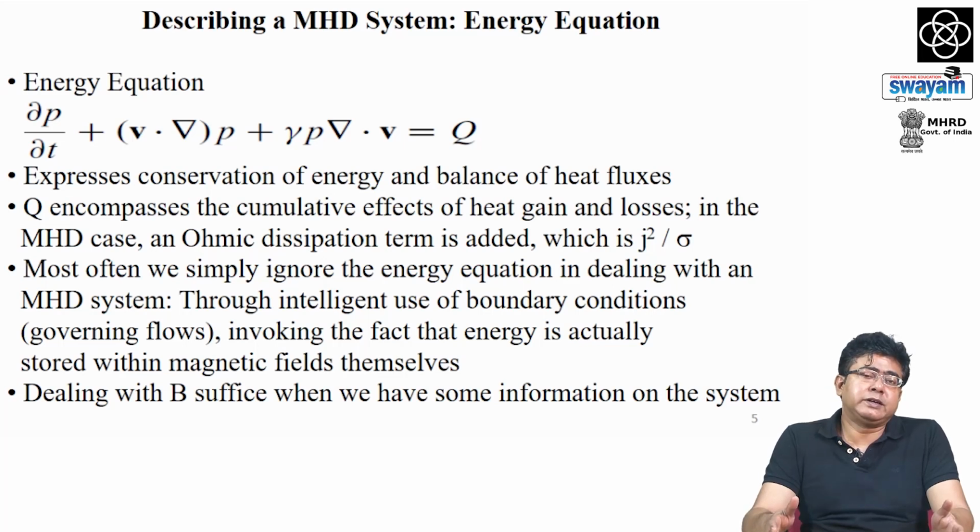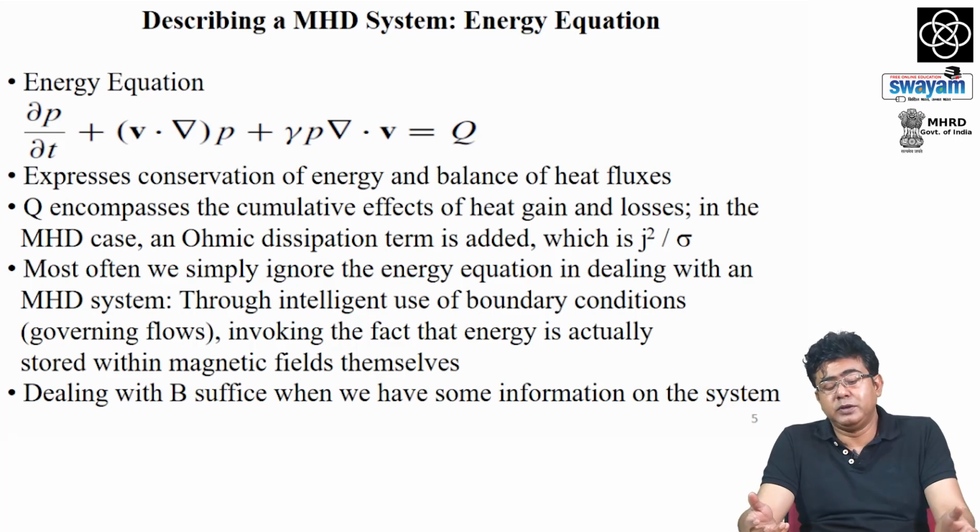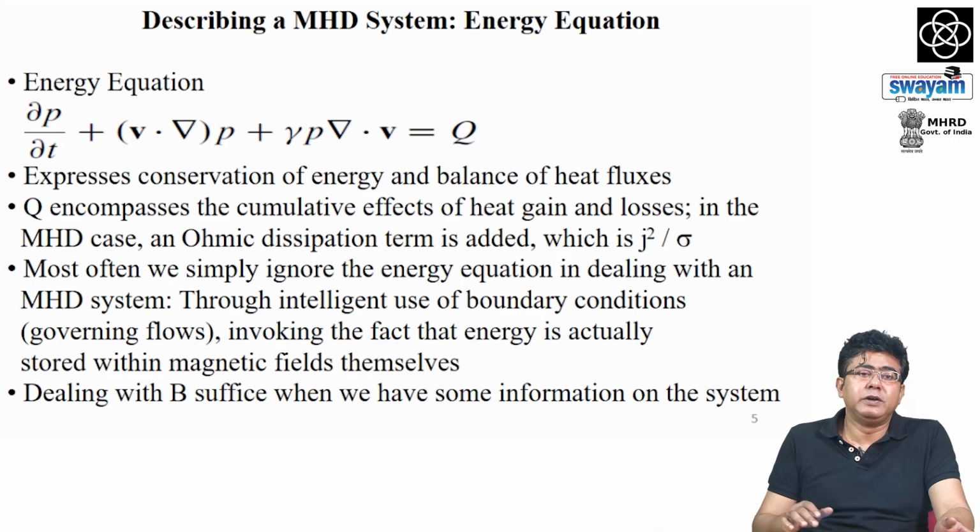You can take advantage of the fact that in MHD systems energy is actually stored within the magnetic field lines themselves. So the dynamics of magnetic fields, and their dissipation, can in fact be a source of energy within the system itself, in which case you can get away by not worrying about this equation per se, and just deal with the magnetic field dynamics.